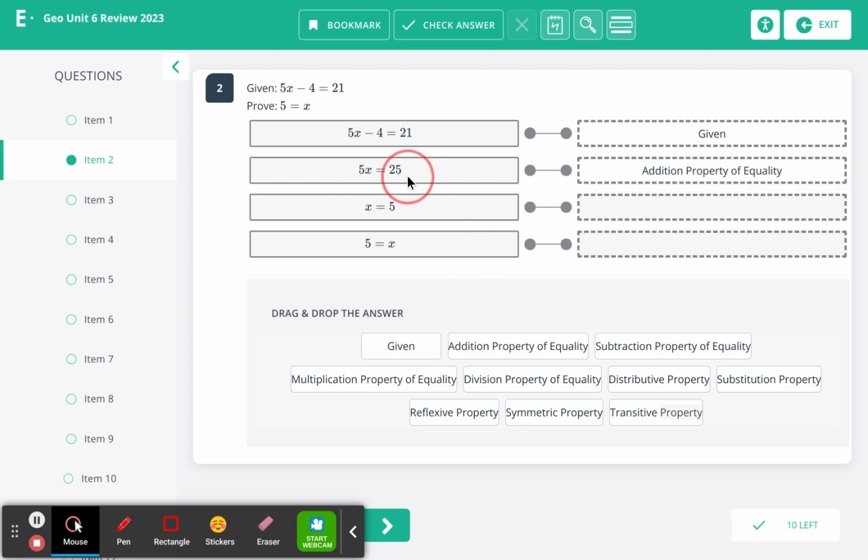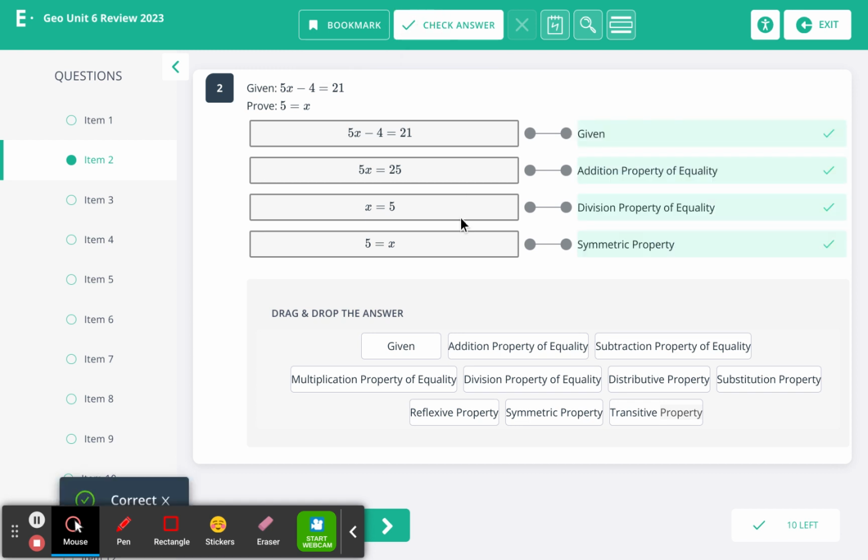From 5x equals 25 to x equals 5, we divided both sides by 5, division property of equality. And then we went from x equals 5 to 5 equals x. We are allowed to switch both sides of the equation using the symmetric property, right? The symmetric property.